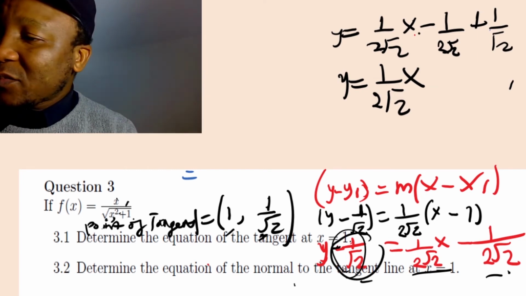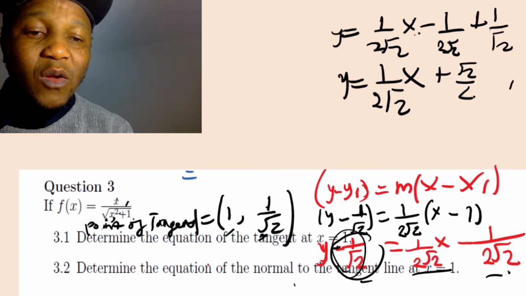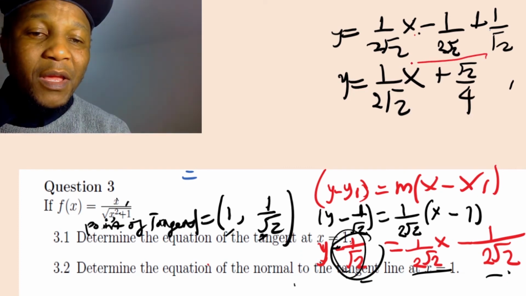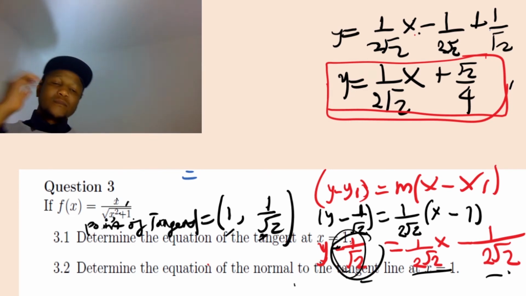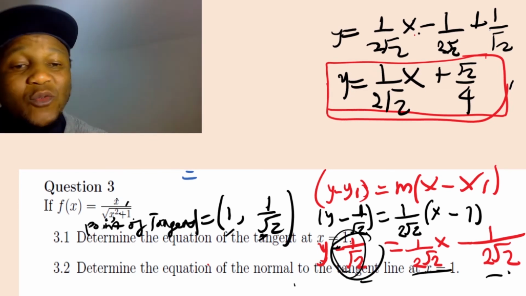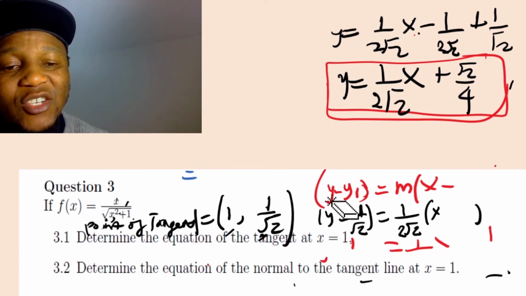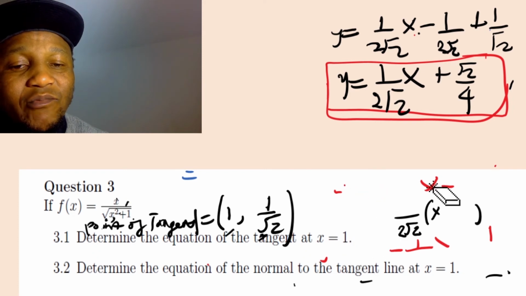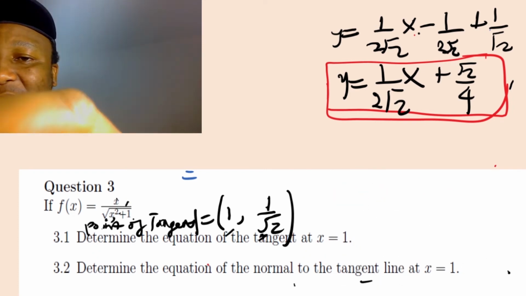Okay, this is going to give us positive square root of 2 over 4. So this is the equation of the tangent. See, we got the equation of the tangent. If you want to make it linear, you can make it linear. It's up to you, but that's the equation of the tangent. Now, in our tangent, we have our tangent point, which is this one here.